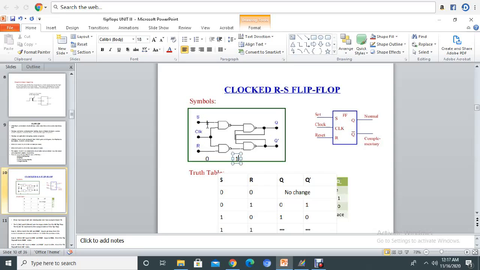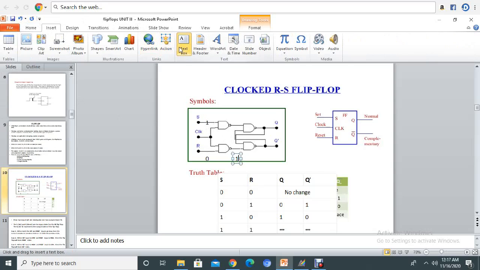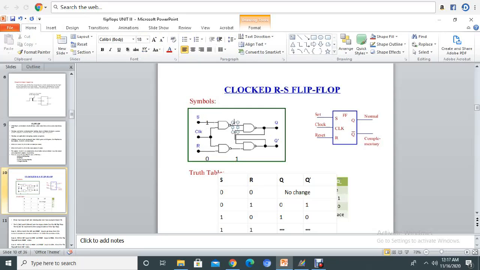Here both inputs are 1. So the output of this NAND gate will be 0. Now here we have 0. So if any one of the input is 0, then the output will be 1.